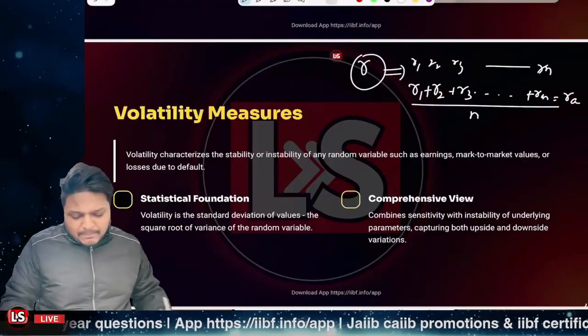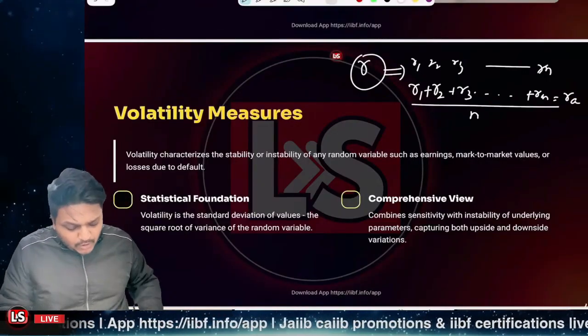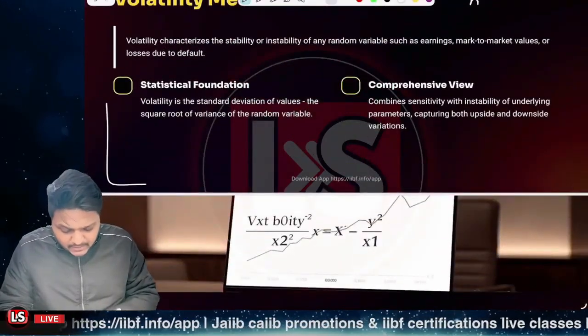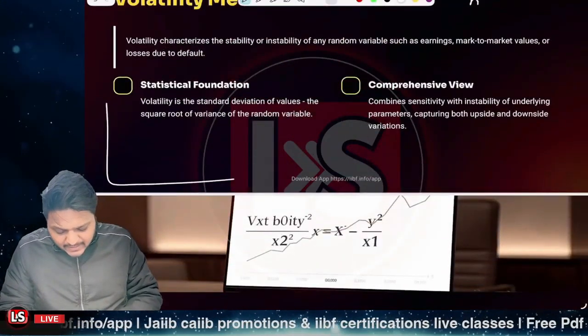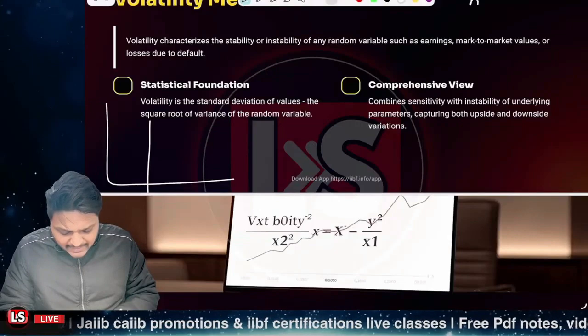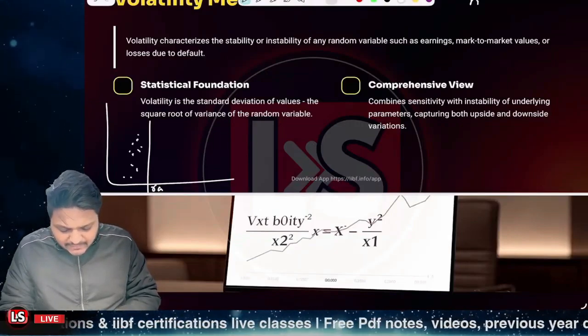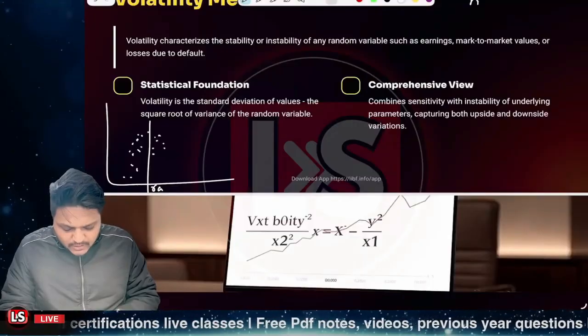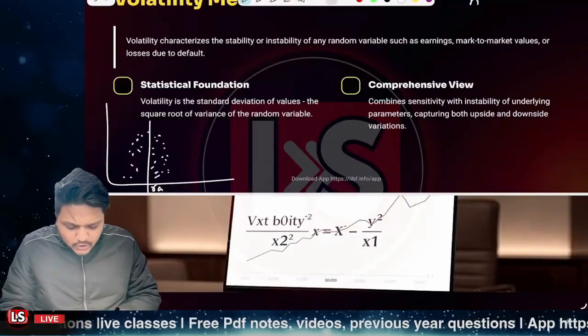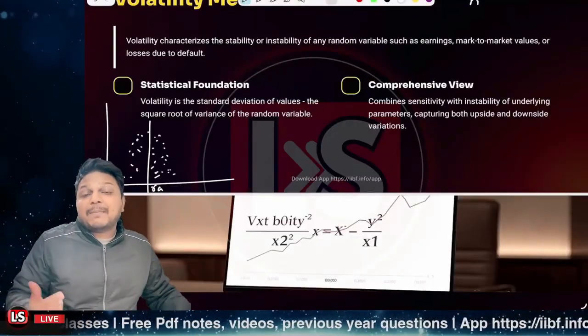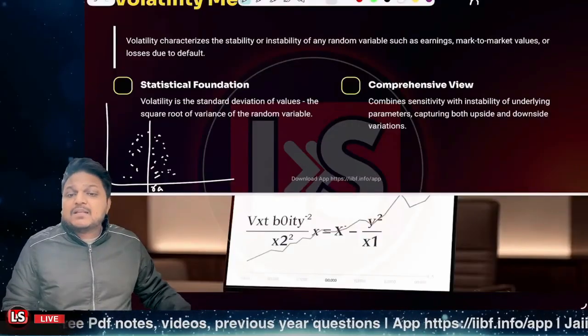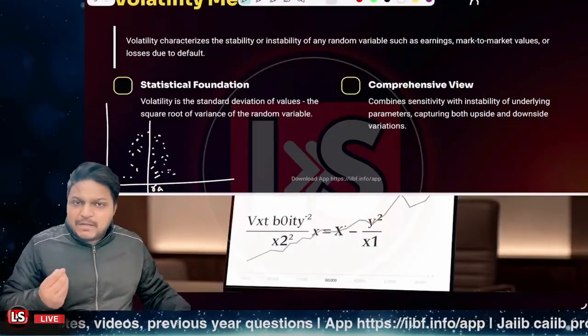Now if we draw a graph related to it, here comes RA. The average will lie somewhere here, and the different points will be lying around it. Some points will be on the left side and some on the right side of the average. So some of the points might be favorable and some might not be favorable.